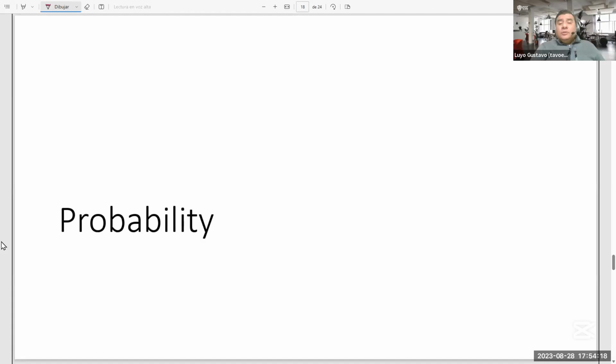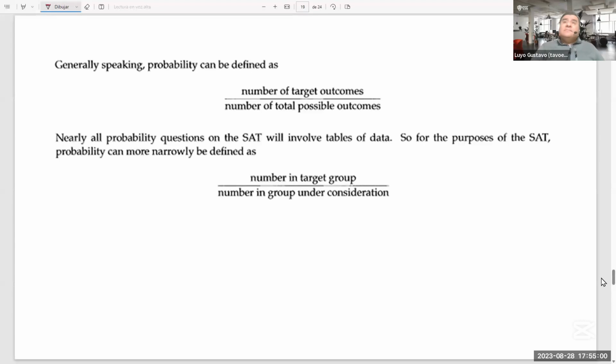Okay, let's now talk about probability. Probability questions come in many different types and complexity, but in the SAT, what they actually require is a basic understanding of a definition that is based on statistics.